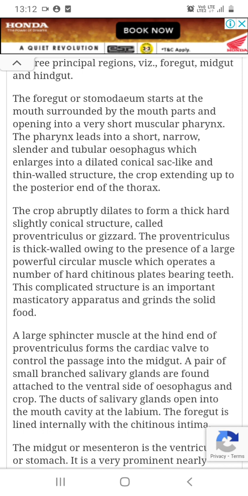This complicated structure is an important masticatory apparatus. It helps in the mastication of food and grinds the solid food.